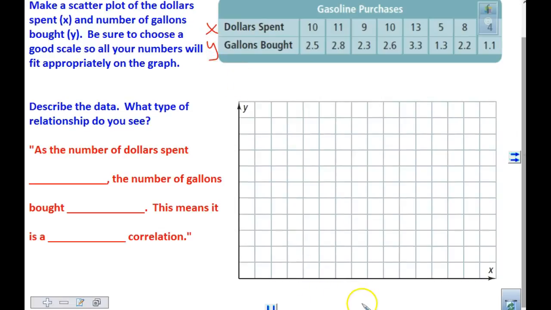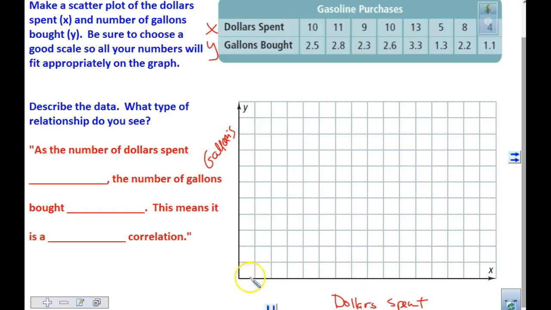They tell us that. My hint would be, today when you go to do your homework, I think it's questions 1, 7, and 8, they're going to give you a table like this. It's usually X and Y. Our Y then is going to be the gallons. We need to decide on a scale.